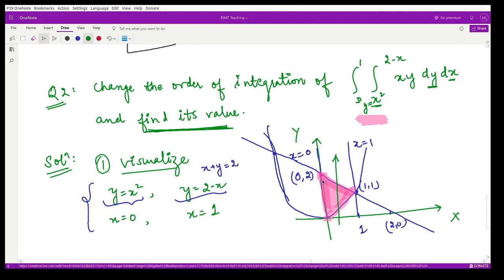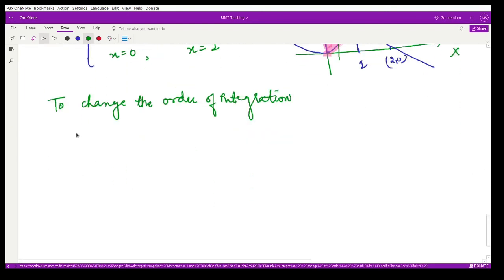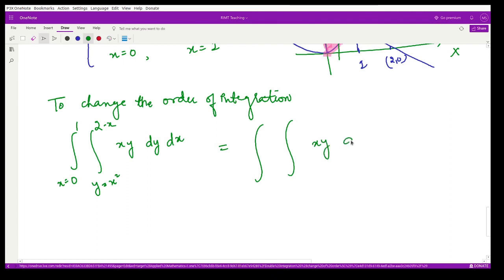Now instead of this vertical line, because we are to change the order of integration, we are to convert this integral, which was given from 0 to 1 for x and from x square to 2 minus x for y, xy dy dx, to the opposite limits.